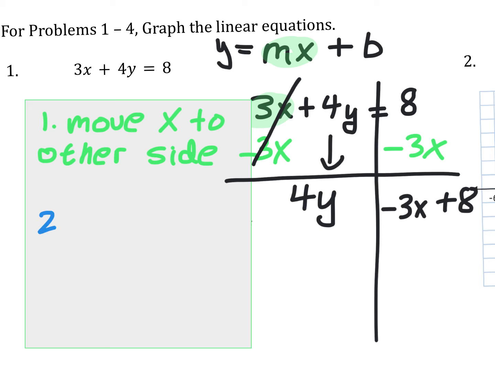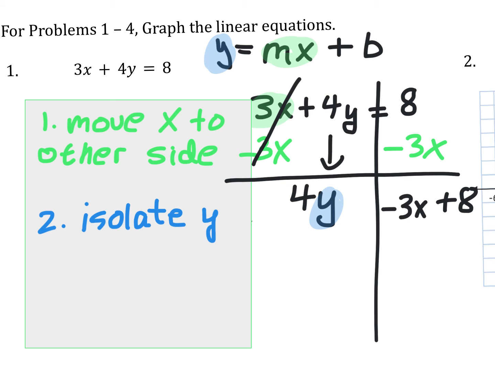Step 2 is that in slope-intercept form, the y is isolated. Right now, the y is not isolated, right? So we've got to isolate the y. Now, what a lot of people mistakenly think you do, and I'm going to write this in red because it's not correct, is that you need to cancel out that 4 with a minus 4.